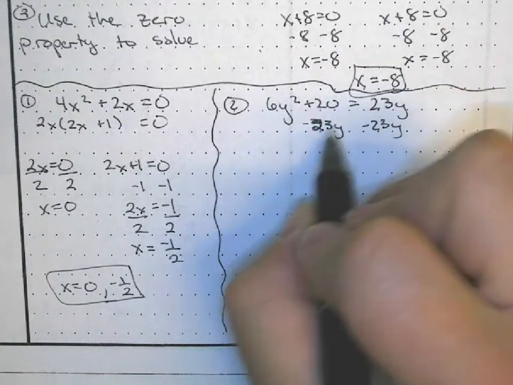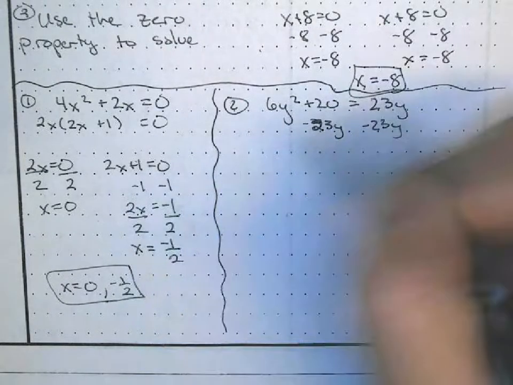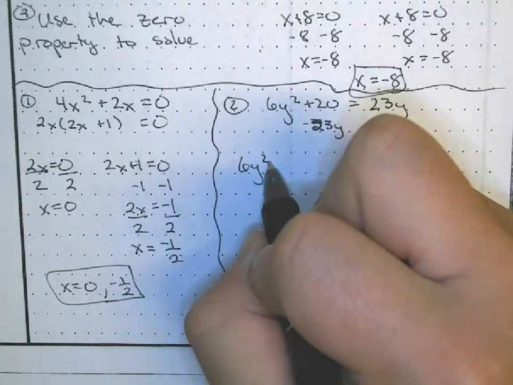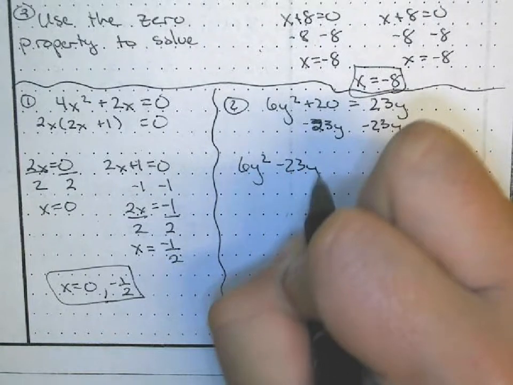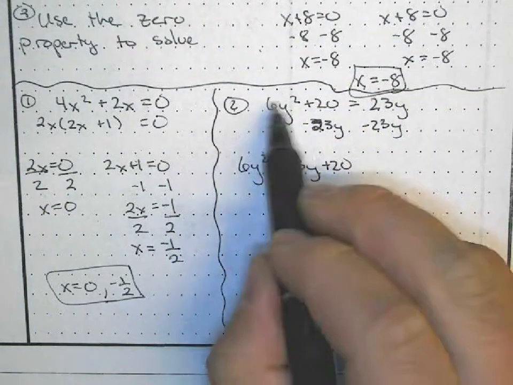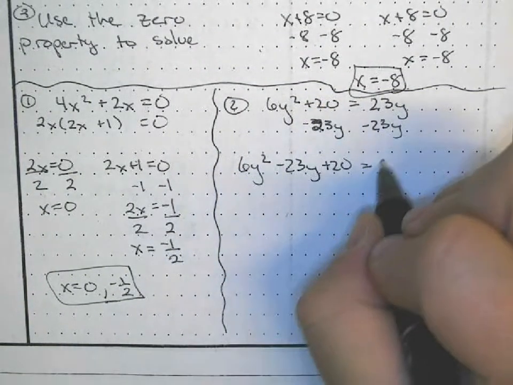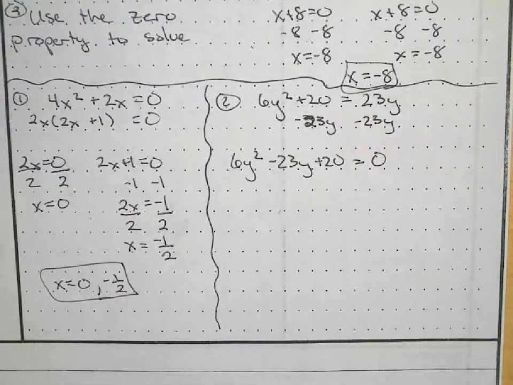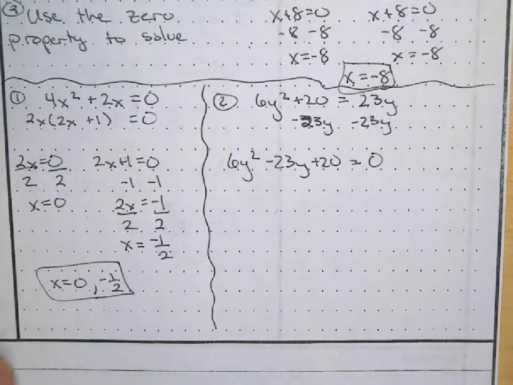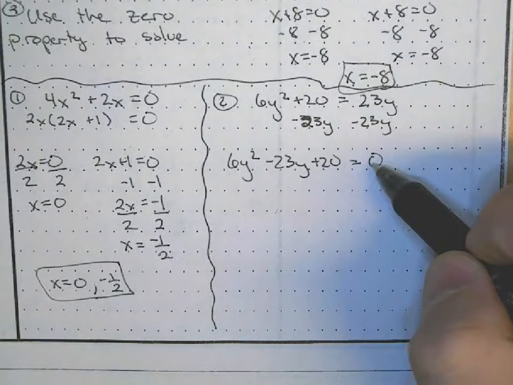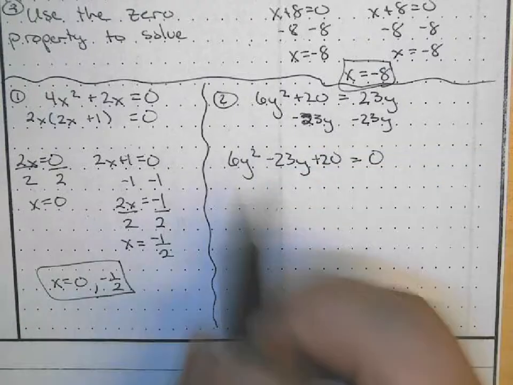And now I have no like terms to combine, so I'm just going to have 6y squared minus 23y plus 20, I'm writing it in standard form, equals 0. Now it's set equal to 0, and we're ready to factor.